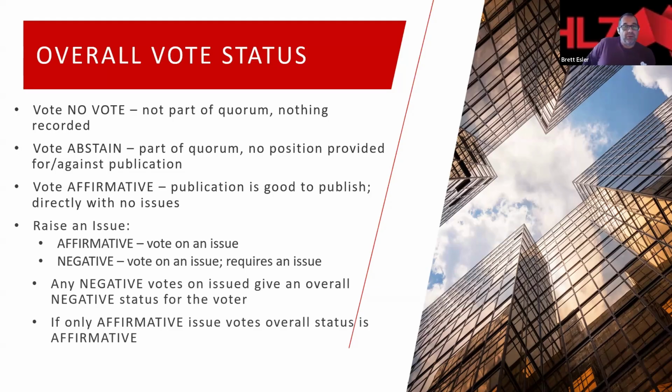It is possible to vote affirmative on the entire specification, which means you approve of its content entirely. You have no issues to raise, and you can essentially consider it good to be published. And then there's a couple of options under raising an issue. You can raise a specific issue with details on that issue. So that is a way to provide the committees with details on what you think needs to change.